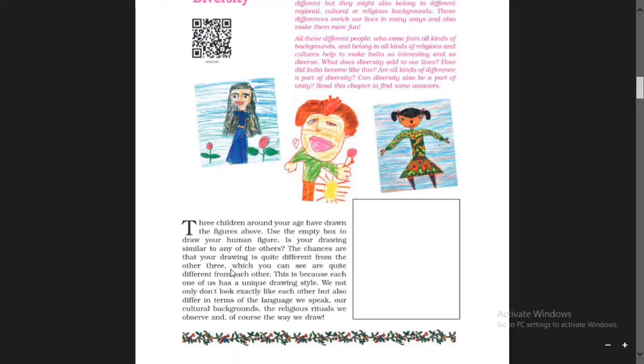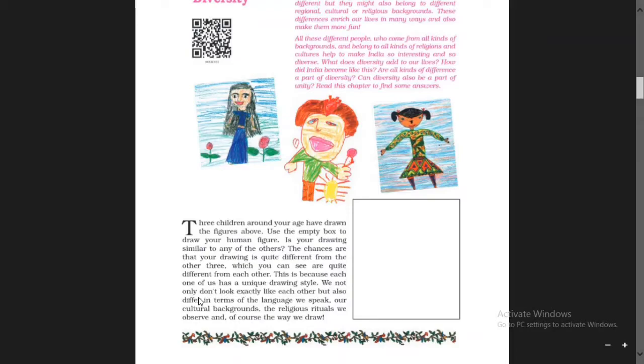This is because each one of us has a unique drawing style. So the reason your drawing is not the same as others is that each and every one of us has a different drawing style, our own style, which is not the same as others.